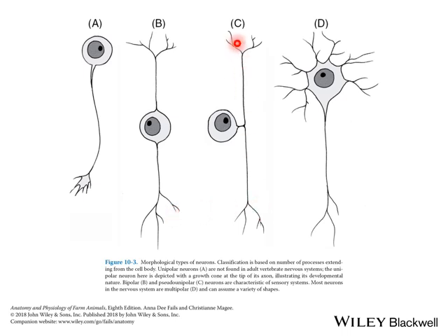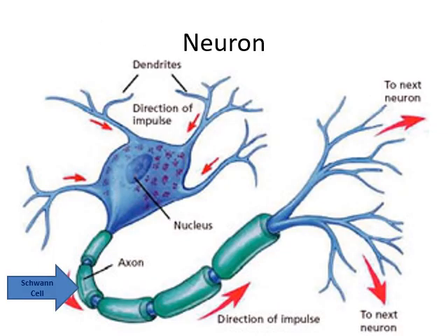These neurons are characteristic of the sensory neurons. We've got something sensory here as well, the unipolar. This is a fairly generic thing, and you're going to see this shape as we go through.